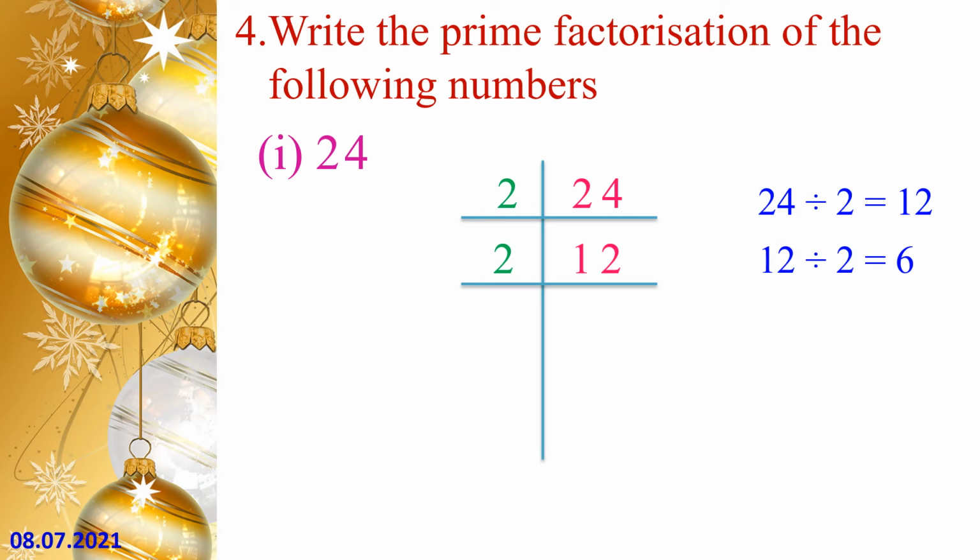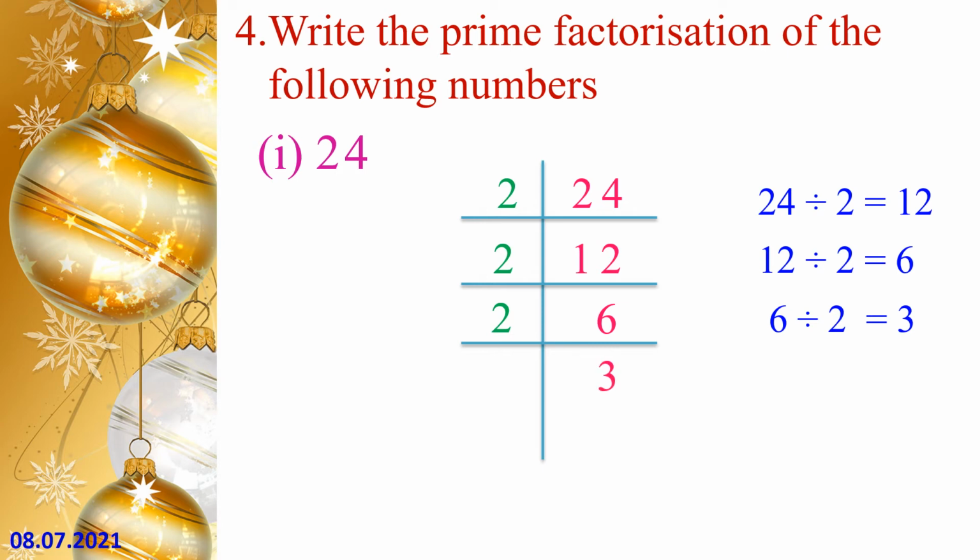So we write 6 below the 12. Now 6 is an even number, so 6 is divisible by 2. So let us write 2 to the left of 6. 6 divided by 2, we get 3. We write 3 below the 6.